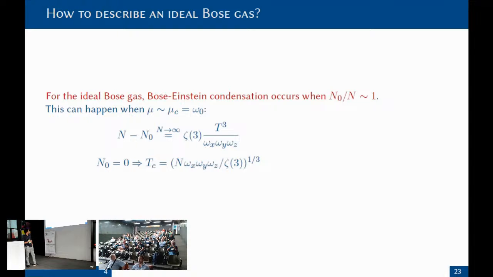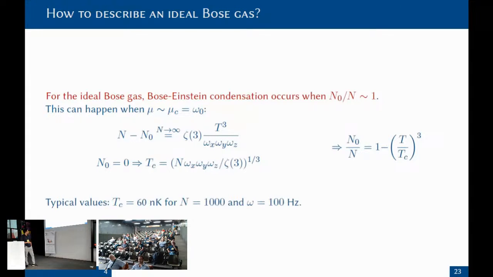We can solve these equations, and we get that nice and well-known formula in the literature that plots the number of particles in the ground state with respect to n as a function of temperature. And here we have a parameter, which is a critical temperature, given by this quantity in terms of our system, the trapping potential details and the number of particles, of course.